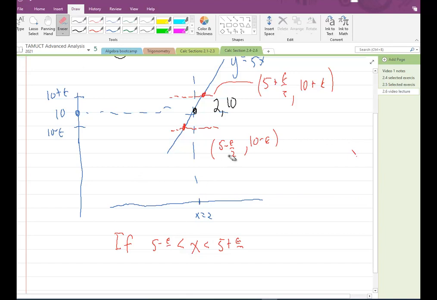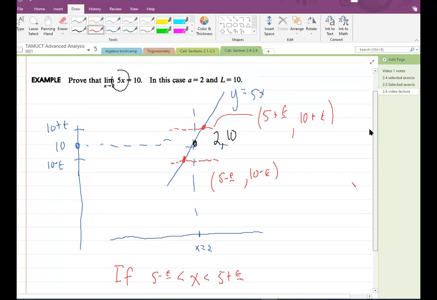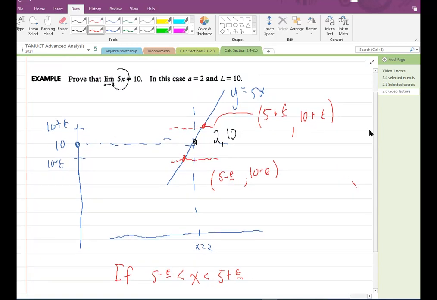That's not a 2, that's a 5, because if I multiply this by 5 I get this. And it's not 5 plus epsilon over 5, it's 2 plus epsilon over 5. So I kind of got that whole thing backwards. Let's fix it up and get it right. If you were on the ball, you caught that.